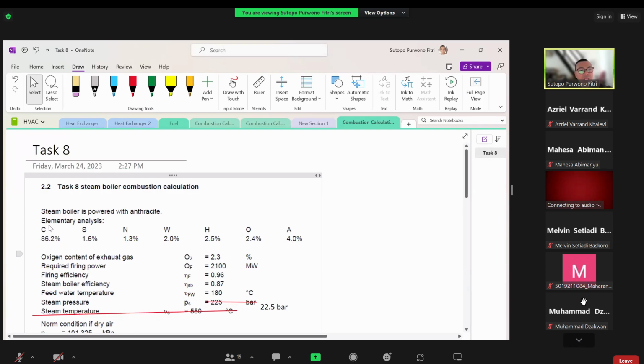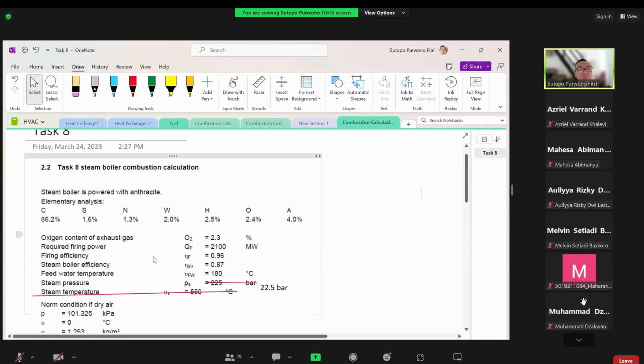You have the carbon component 86.2%, the sulfur 1.6%, nitrogen 1.3%, the water 2%, hydrogen 2.5%, oxygen 2.4%, and ash 4%.